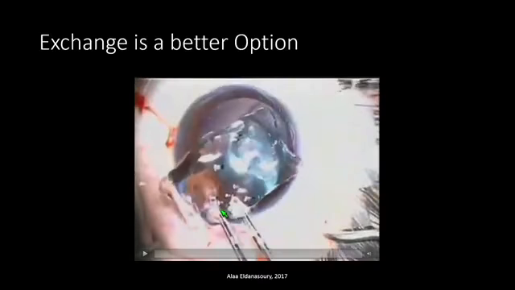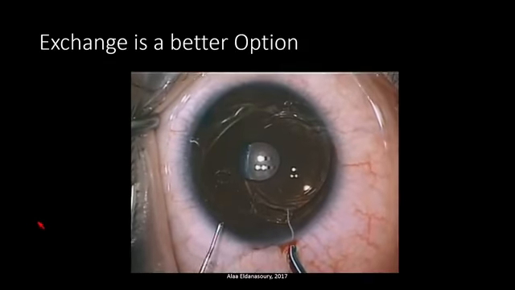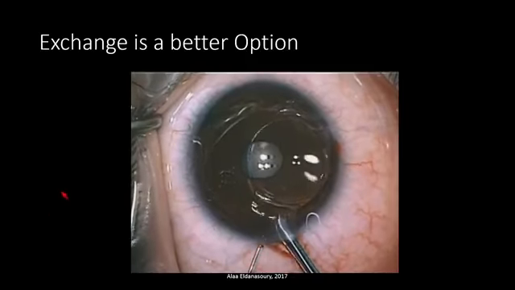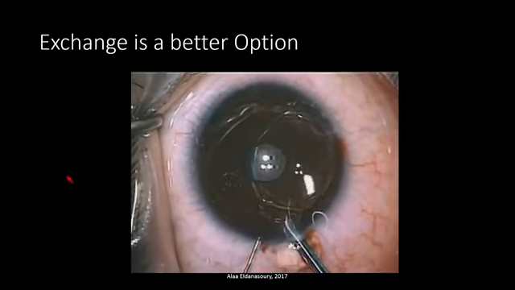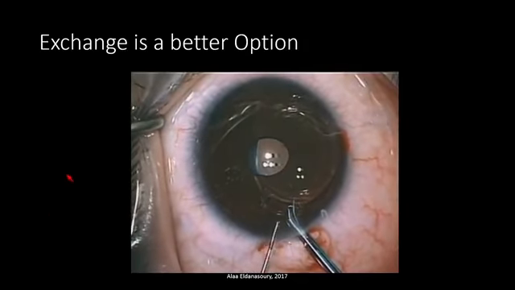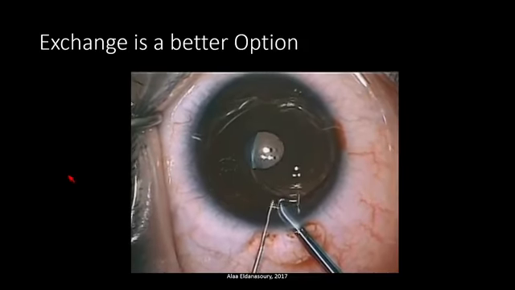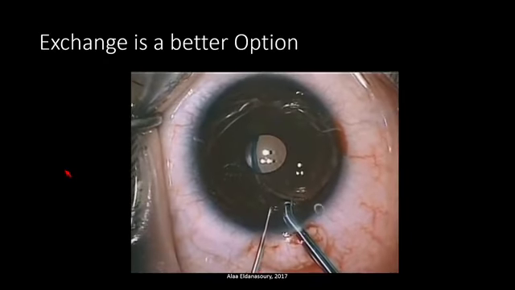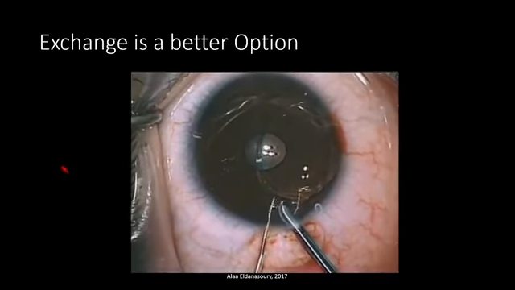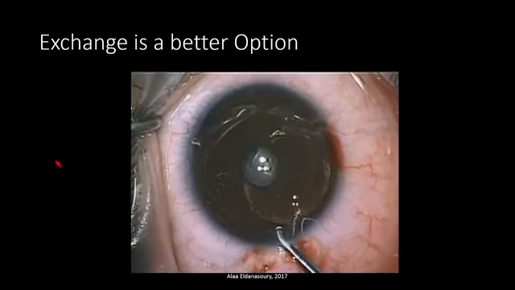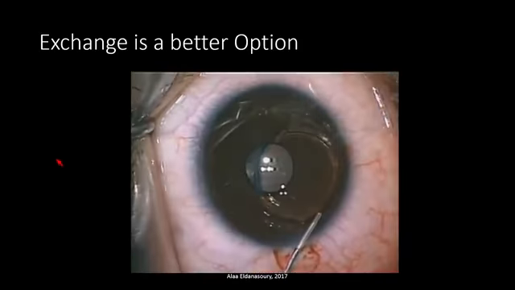You just need to grab the lens firmly from the thickest part, which is the junction between the optic and the haptic. Taking out an iris-fixated lens is a little bit more challenging because you need to de-enclavate the iris, removing the iris tissue from the claw mechanism of the haptic, but this can be easily done, and the lens can be removed through the small incision, and then you can insert a new lens.